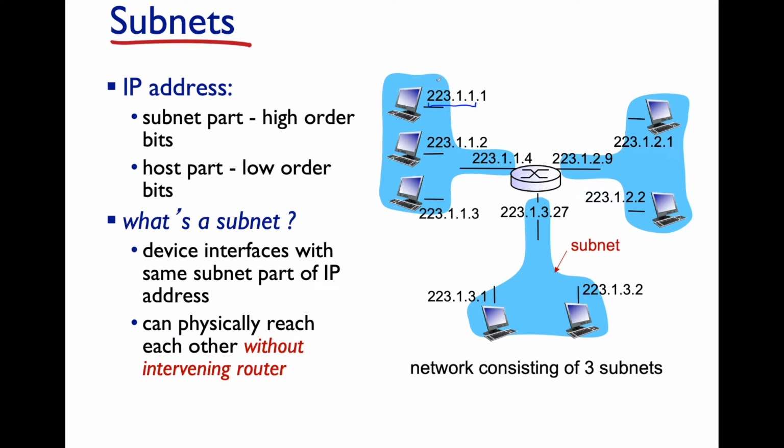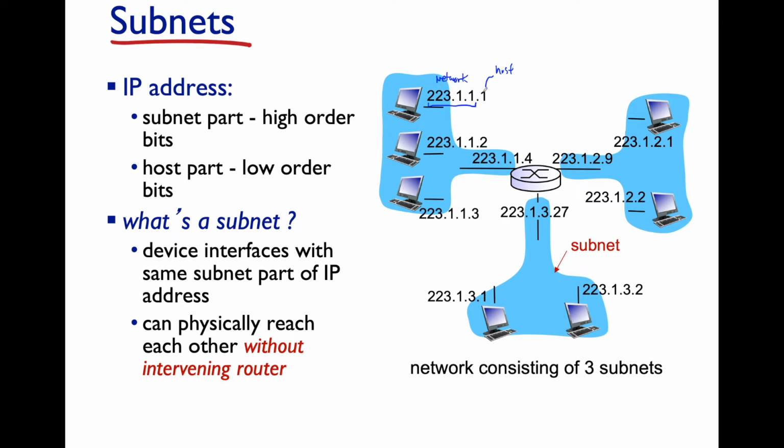Now that's going to be the network, and we can identify that network using that number, that address. It's called the network address, or the subnet. Now this is network 223.1.1, and this last part describes the host.